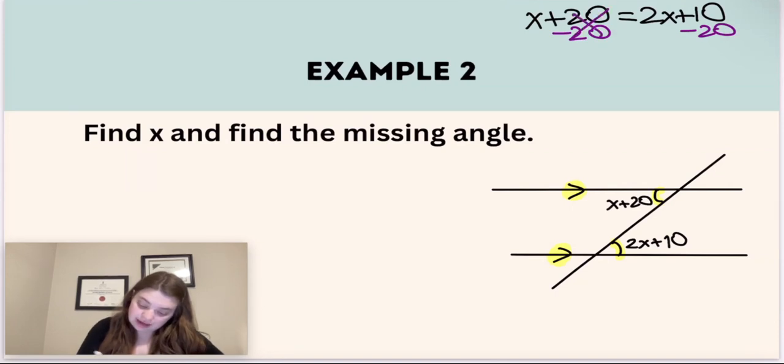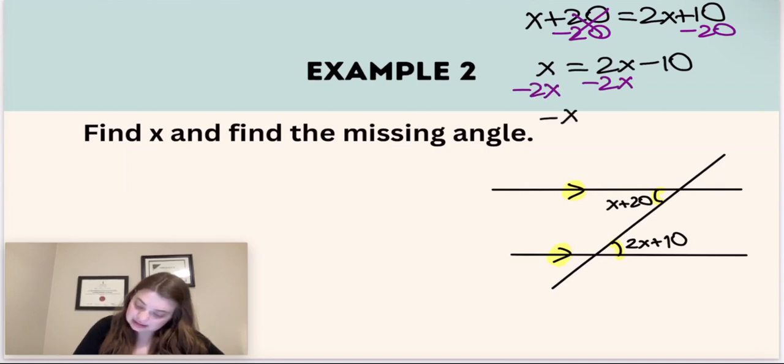These cancel, and I am left with x is equal to 2x minus 10. Then I'm going to subtract 2x from both sides, and then we're going to get negative x is equal to negative 10. Then, if I divide both sides by negative 1, I get that x is equal to 10.